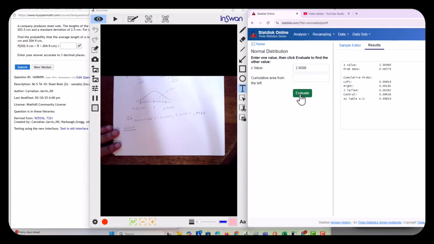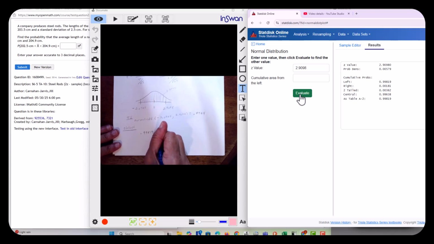Evaluate. Okay. So the area from here all the way over to the end of the tail is going to be 0.99819. So I'm going to have to subtract off this area from here to the left to get this total area in between.